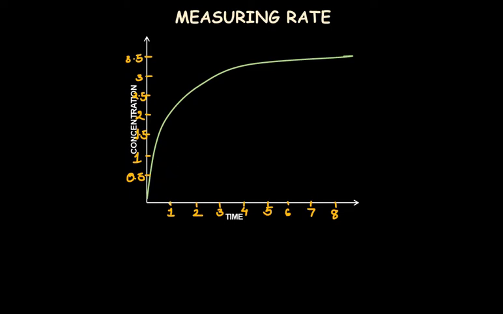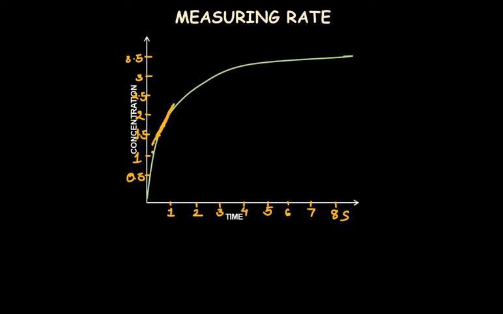Suppose we want the initial rate, the reaction rate at time 1 second. Here suppose we have taken time in seconds. So suppose this is the point on the concentration and time graph where the time is 1. What we are supposed to do is draw a tangent at time 1 and then calculate the gradient.